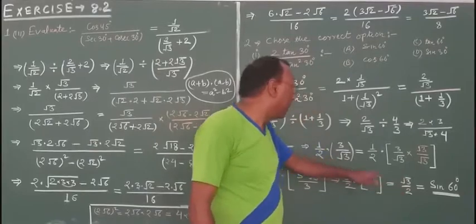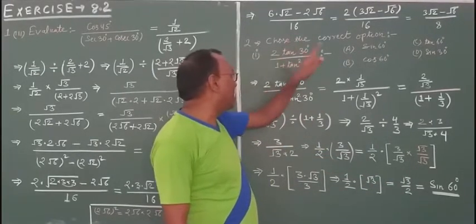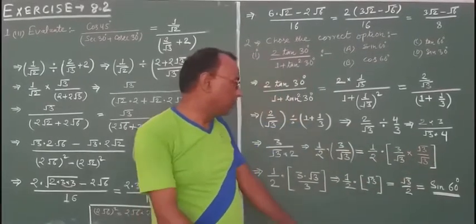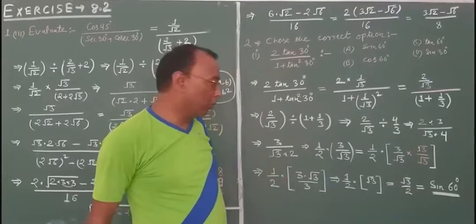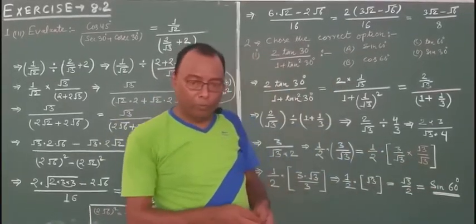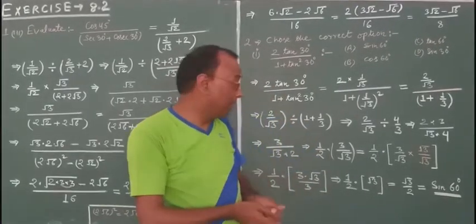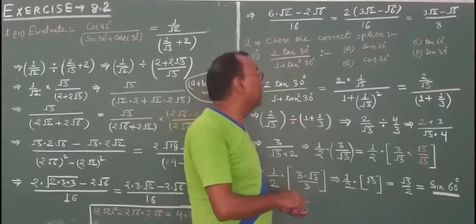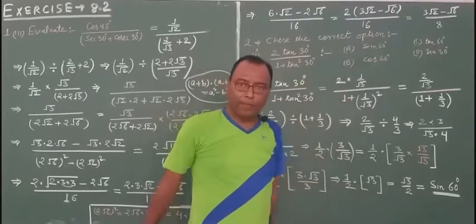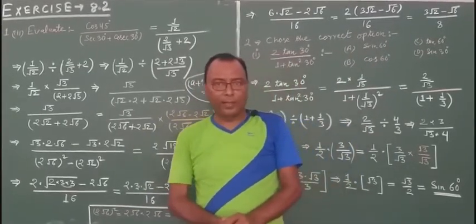What is the evaluation of 2 tan 30 upon 1 plus tan square 30? That is under root 3 upon 2, and this value belongs to sine 60 degree. It means what is the correct option? Option A is the correct answer.